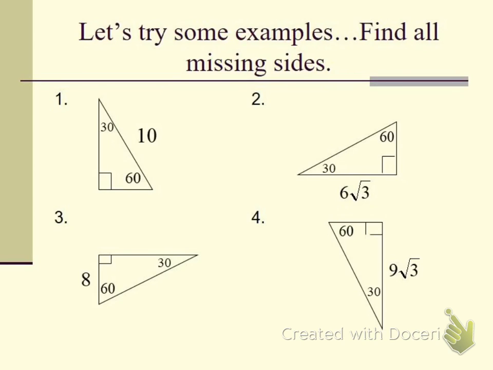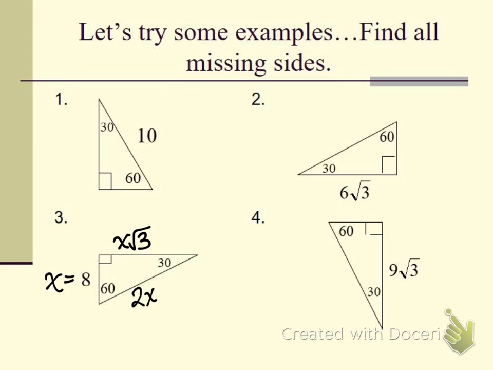Based on the diagram, that side should be labeled X. Who can raise their hand and tell me what the side across from the 60 should be labeled? Brandon. Based on the diagram, X radical 3. Based on the diagram, the side across from the 90 should be labeled what? 2x.